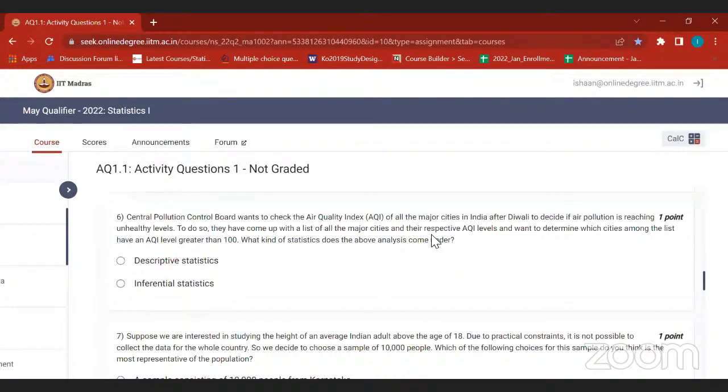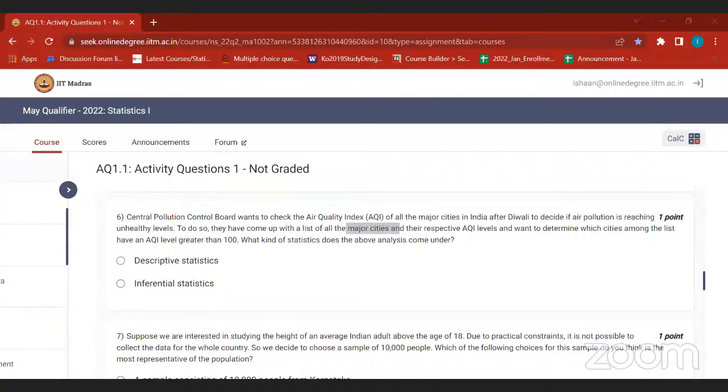Okay, so we want to check the AQI of all the major cities in India, right? So what we did is we came up with a list of all major cities and their respective AQI levels. That can be a sample. No, that's also my population as well, right? All the major cities of my interest, and I have it.